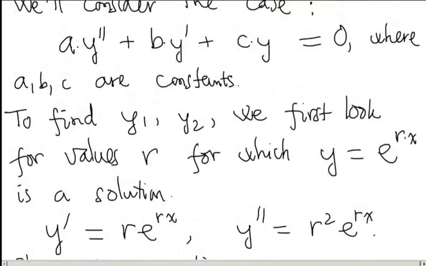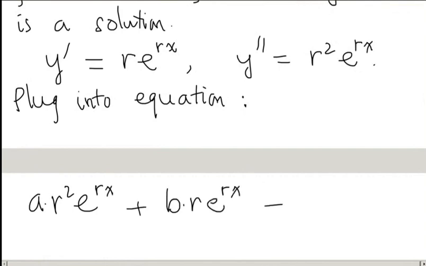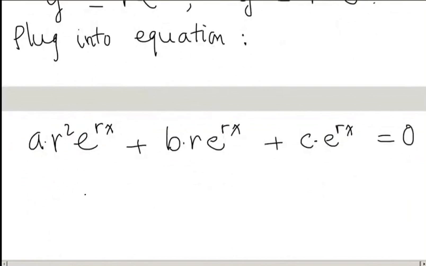And this is the equation we want to solve. So let's plug those derivatives in. We will have a times r squared e to the rx plus b times r e to the rx plus c times e to the rx equals 0. And we want this to be true for all x. But we see that all terms have the common factor e to the rx.